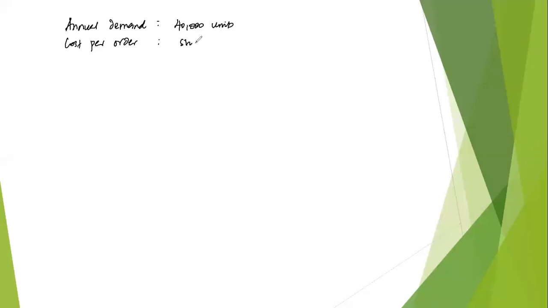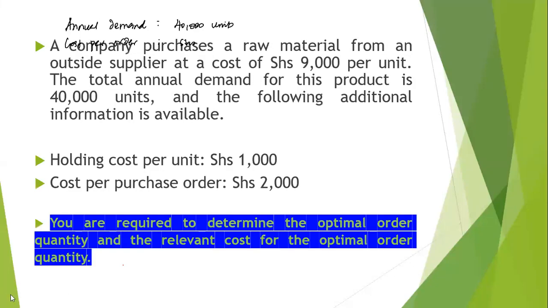Cost per order is 2,000. The holding cost per unit is shillings 1,000.